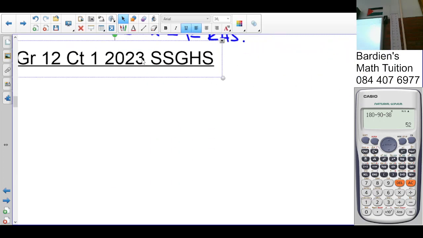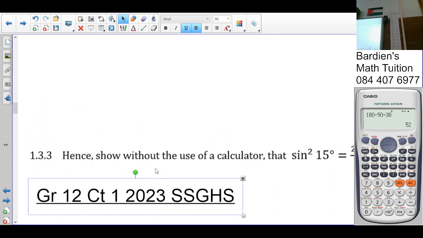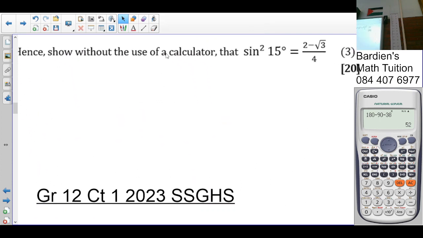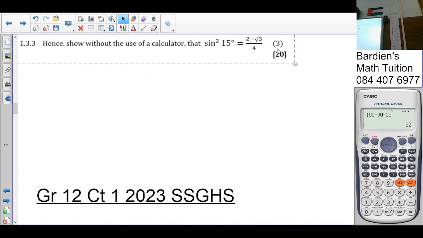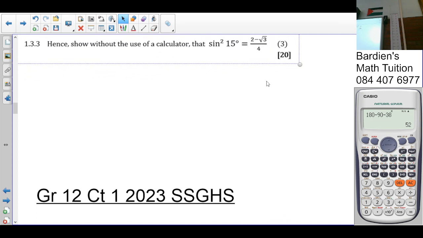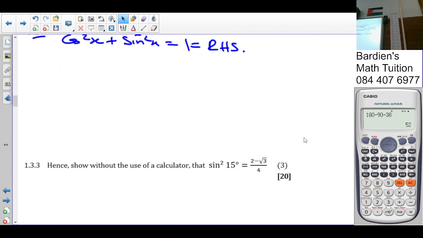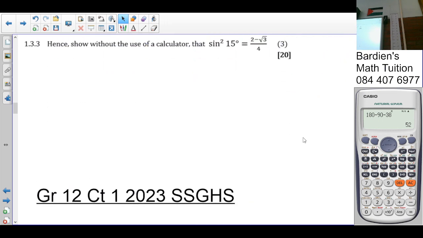The next question. We have said hence show that without the use of a calculator, that sin squared 15 is equal to 2 minus the square root of 3 over 4. Okay? So if we look at sin squared 15, sin 15 can be written as, so again this is an identity.